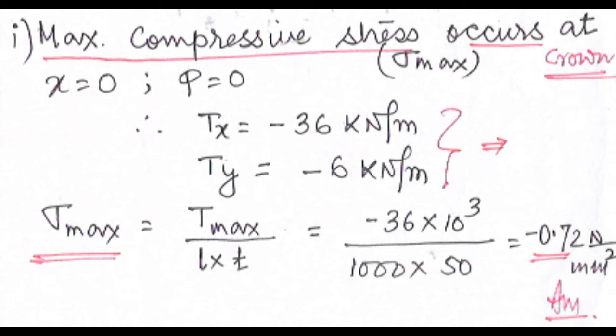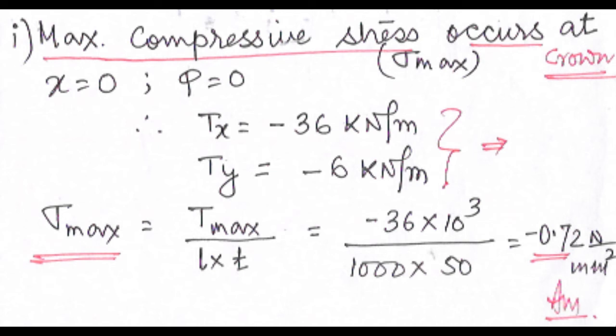So Tx and Ty we have got. Now we have to find the maximum value of the stress. Out of these two, which is maximum? The maximum value is 36. So sigma max equals T max divided by 1 into T, per unit meter length. Here L does not mean the span but per unit meter length. T max is minus 36 kilonewton per meter, so in Newton, minus 36 into 10 cube Newton.